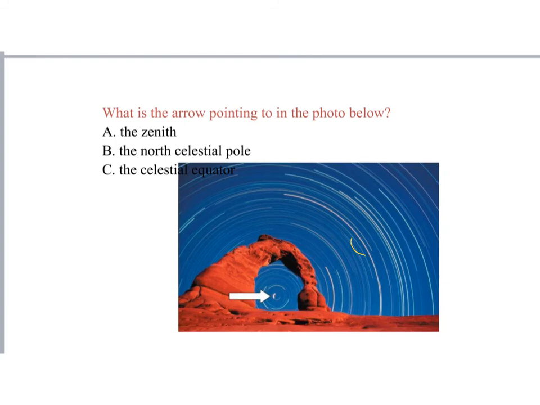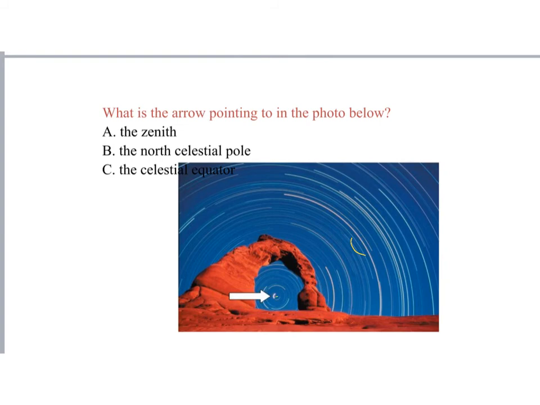Because of those tracks, we're able to tell what that white arrow is pointing to in this photo. The options are the zenith, the North Celestial Pole, or the celestial equator. If you remember from the previous discussion, it is the North Celestial Pole, and it is north because Utah is in the northern hemisphere, so you wouldn't be able to see the southern celestial pole.